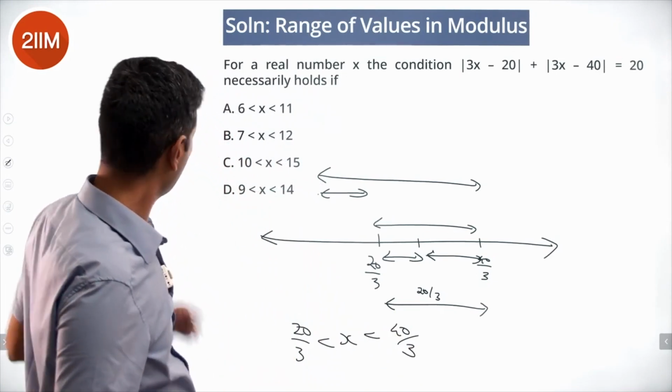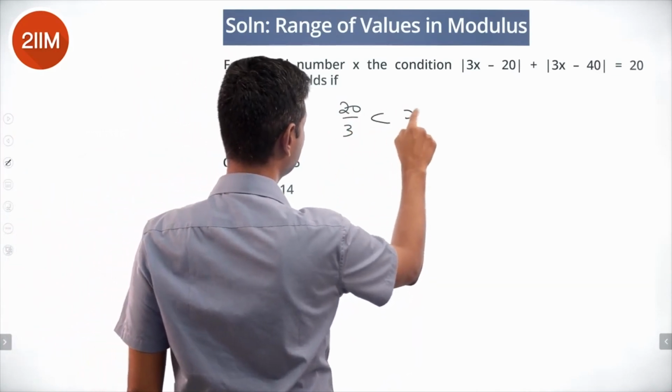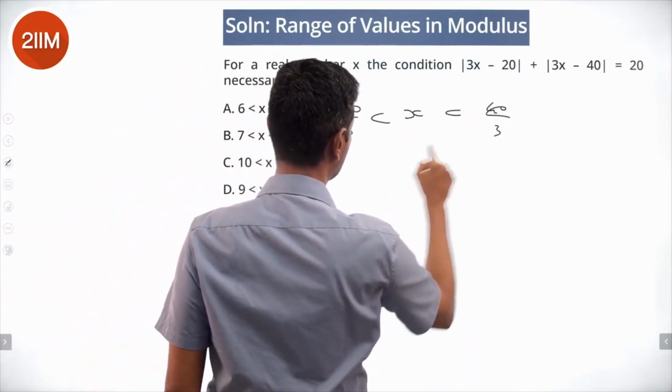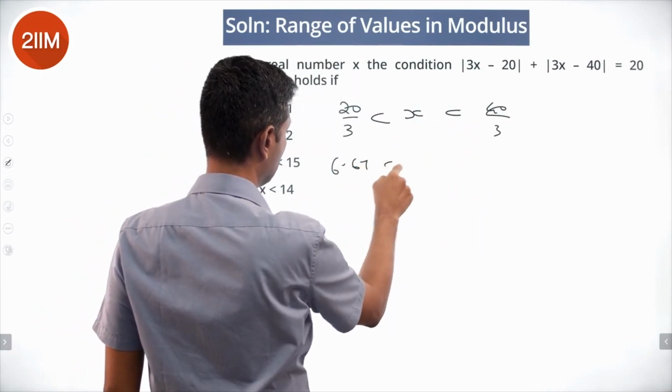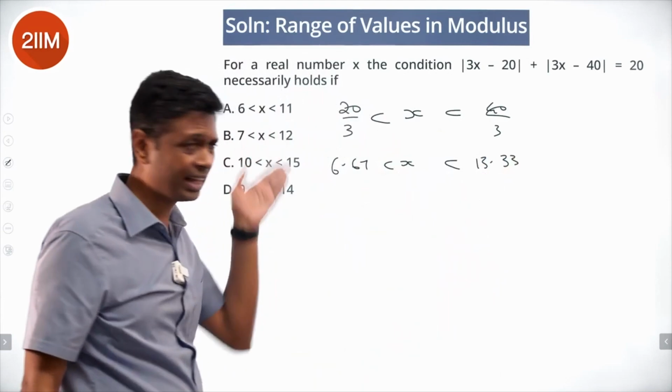So now let's come to the question. 20 by 3 less than x less than 40 by 3, so 6.67 less than x less than 13.33. Obviously that's not there in the choices.